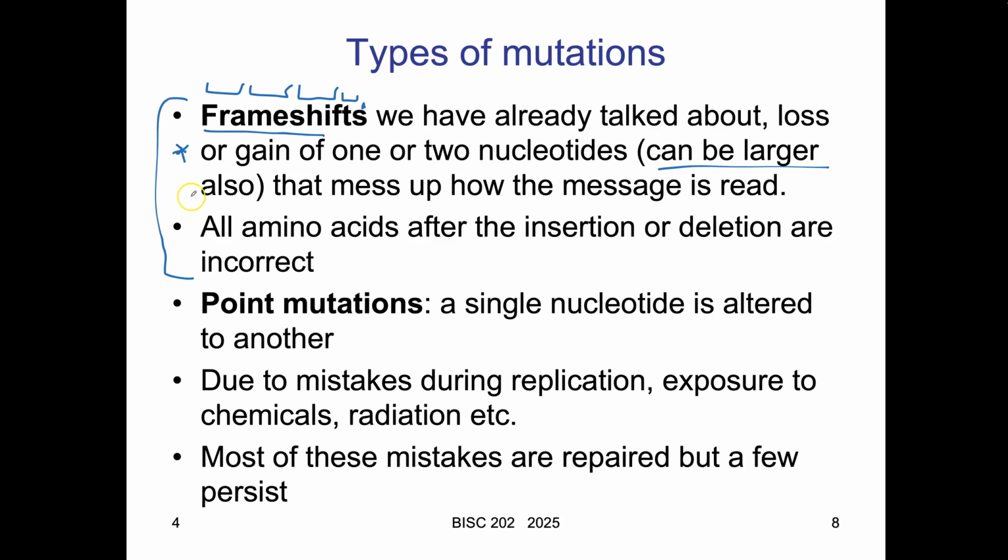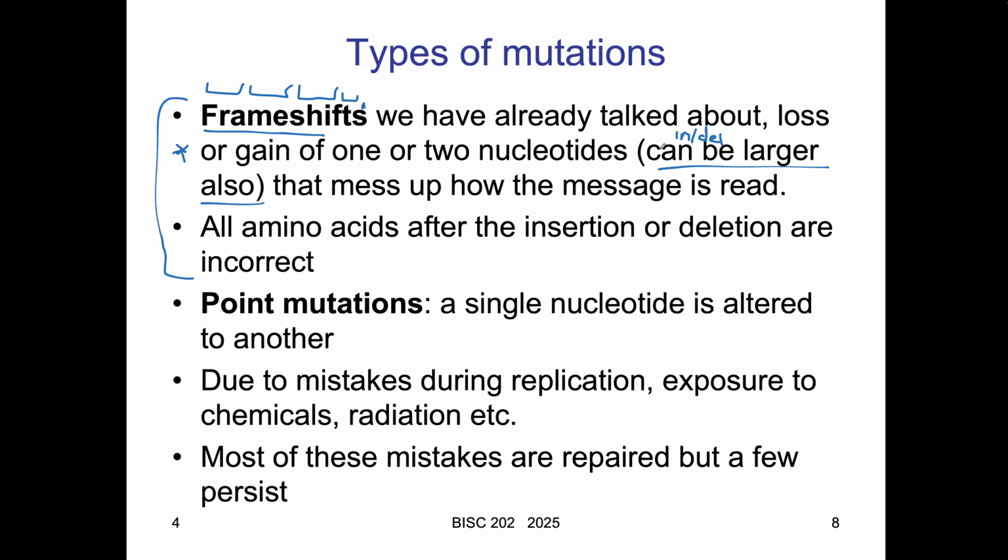Now, just be aware that there are mutations called indel type mutations, insertion and deletion type mutations, and they don't have to just be 1 or 2 nucleotides. You can have little chunks of, say, 10 nucleotides removed or inserted when there are mistakes in replication, as well as in crossing over and things like that.